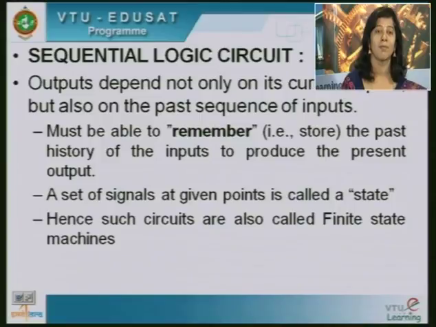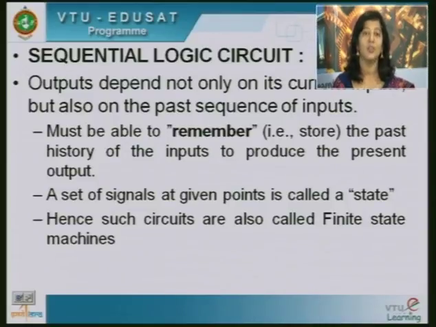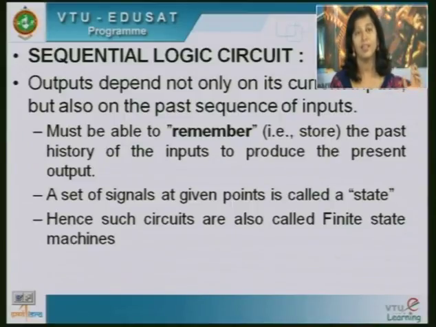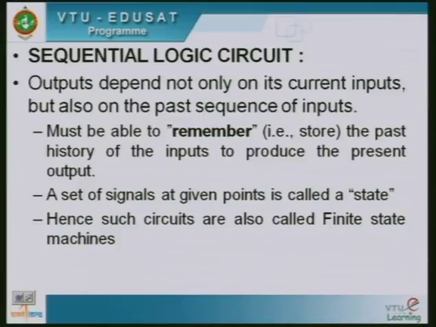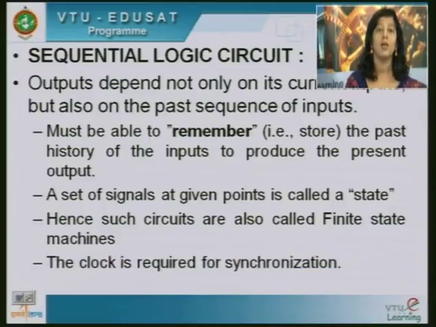All such circuits are normally called finite state machines, or FSMs in short. Finite state machines are also sequential logic circuits because they depend on current as well as past inputs. So memory is incorporated in this circuit. Along with that, usually a clock is needed for synchronization.